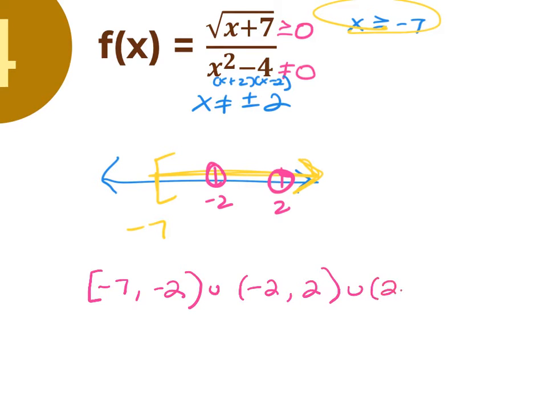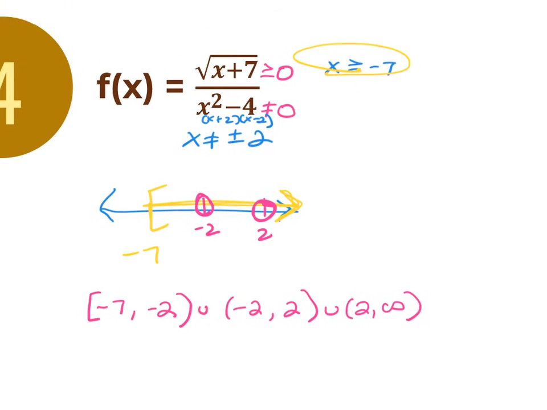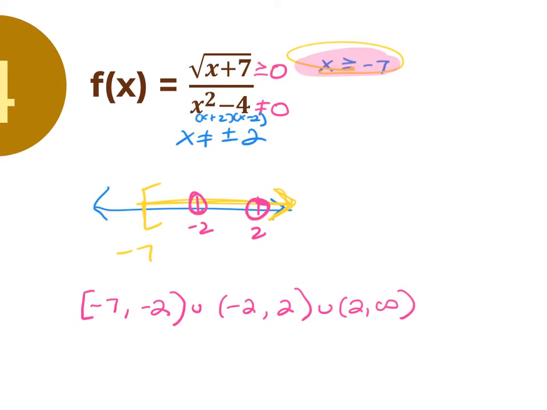Then from positive 2 to positive infinity. So it complicates it because it starts and stops your range. Yep. You lost me after you figured out that x is greater than or equal to negative 7 and that x is not equal to positive 7. So I graphed this part, right? I said greater than or equal to negative 7 would be a bracket, and it would be shaded to the right. If that was my only restriction, I would have just gotten that x has to be greater than or equal to negative 7.